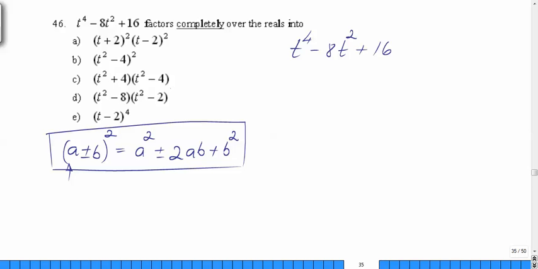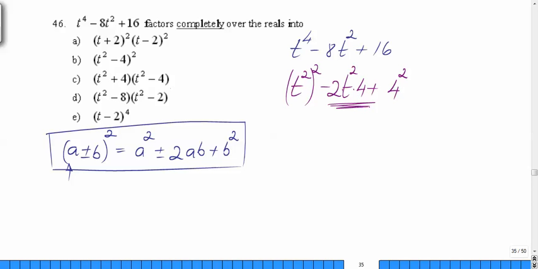Well, what do you think about this one? That t to the 4th is actually t squared, everything squared, right? Let's wait for the middle term. I'm checking the last one. The last one is 4 squared, which gives you 16. Now, if the middle one is 2 times the first number, which is t squared, times the last number, which is 4, then we're done.